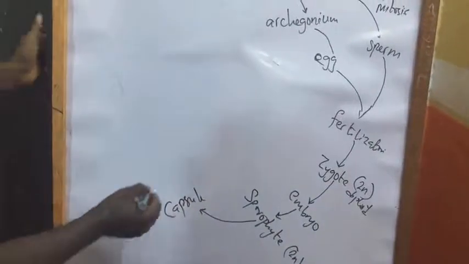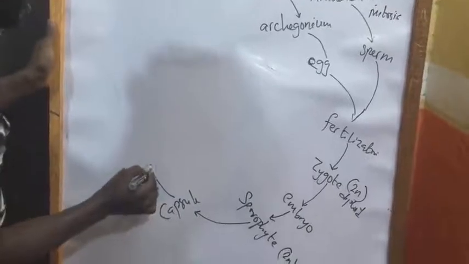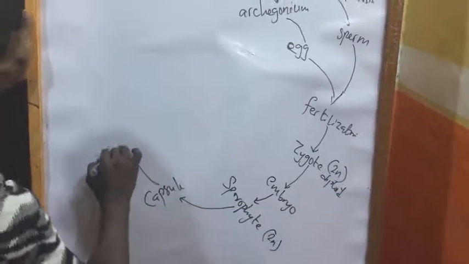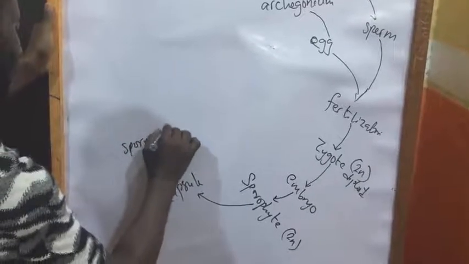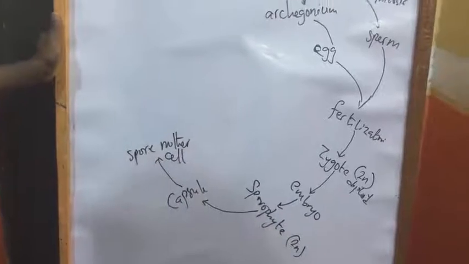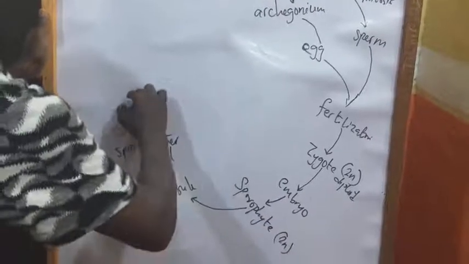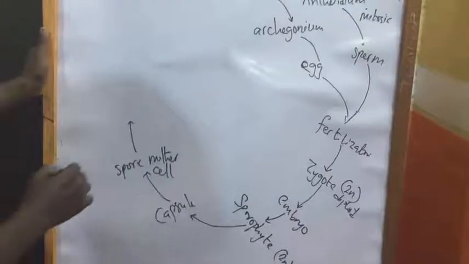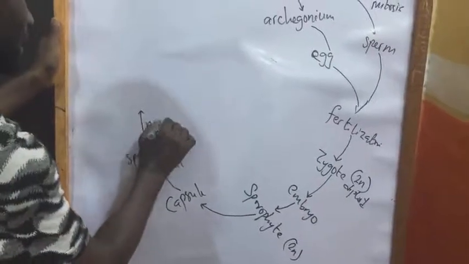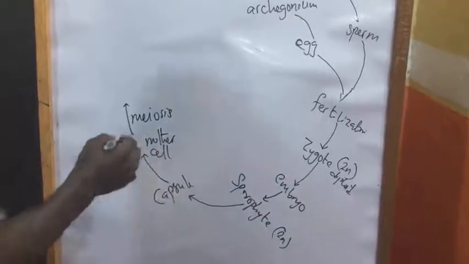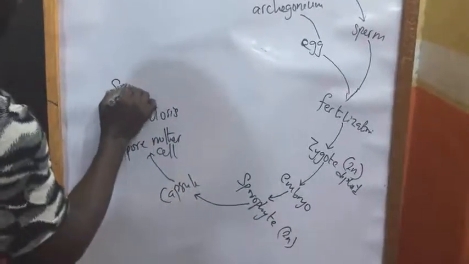The capsule has spore mother cell. So we have the spore mother cell. Spore mother cell produces spores by a process known as meiosis. So we have spores here.